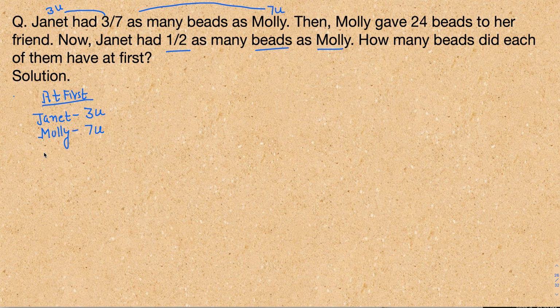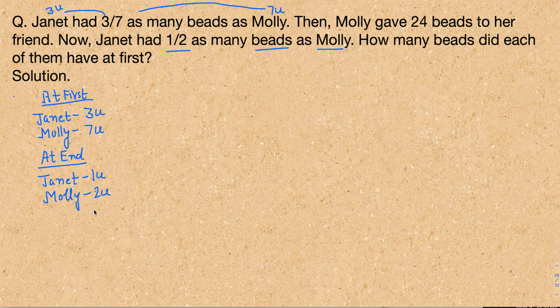So at the end, half means whatever Molly has, Janet has half of it. If Janet has 1 unit of beads, then Molly has 2 units, since Janet is half of Molly.